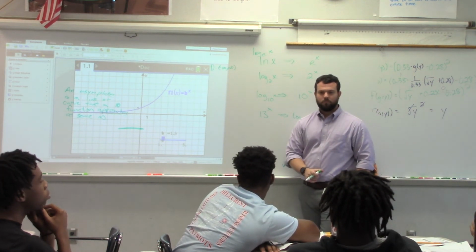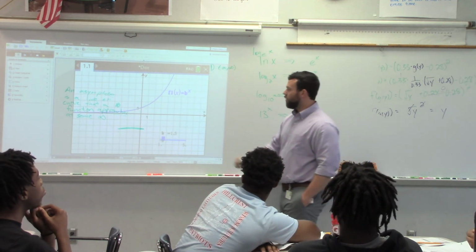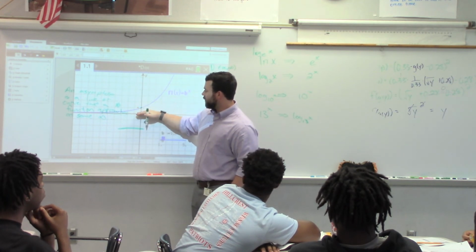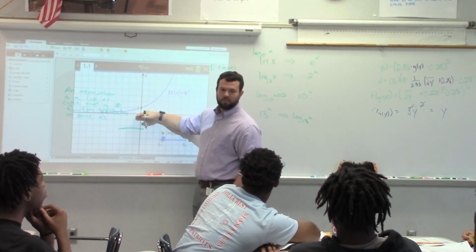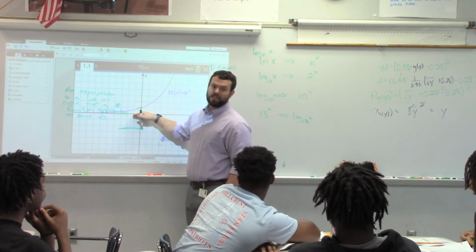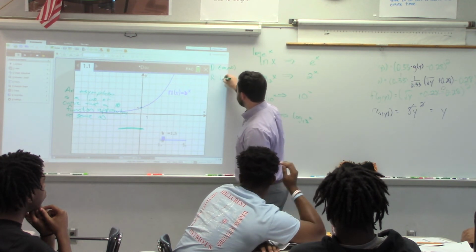What is the lowest y value? Zero. So there's a y value of 1, it never goes below that? It never goes below the x-axis, and it never gets to the x-axis. So the lowest is 0.